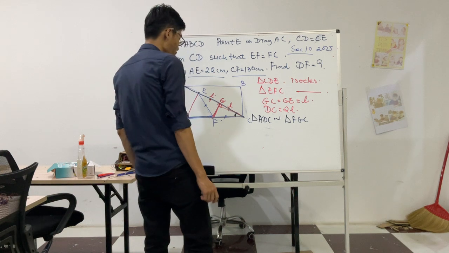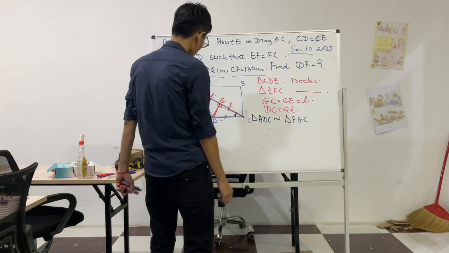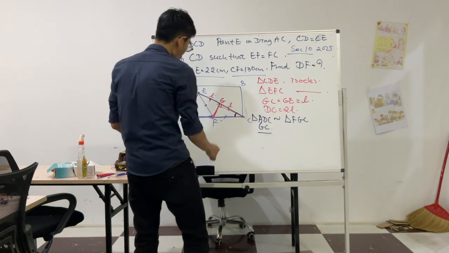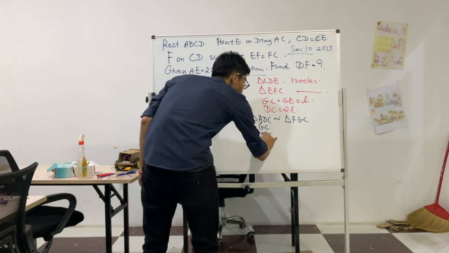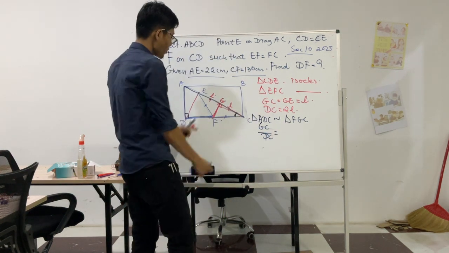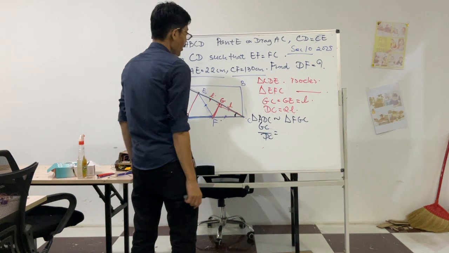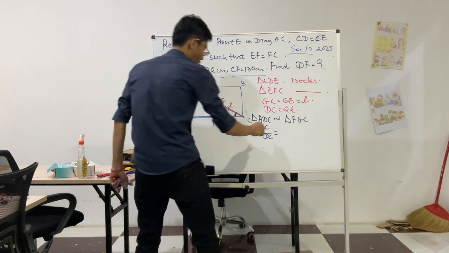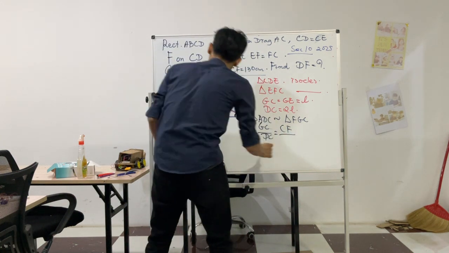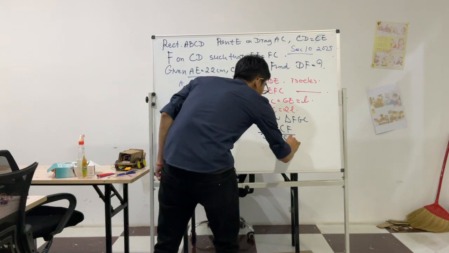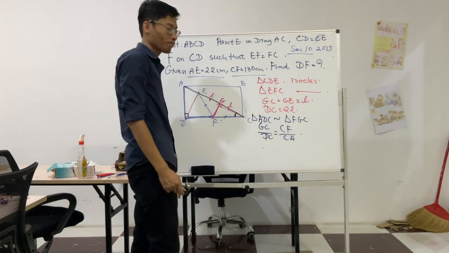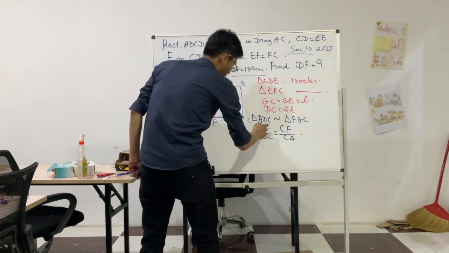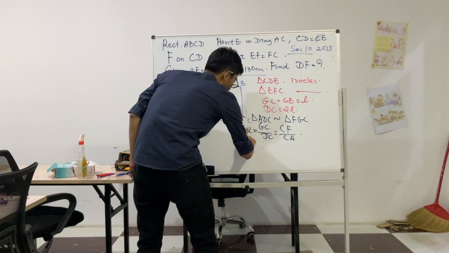So if these two are similar, we can get the proportion. GC over DC, equal to, because we know CF, we can use CF. CF here is the hypotenuse, so CF over CA. GC equals L, and DC equals 2L, so this is equal to 1 over 2.